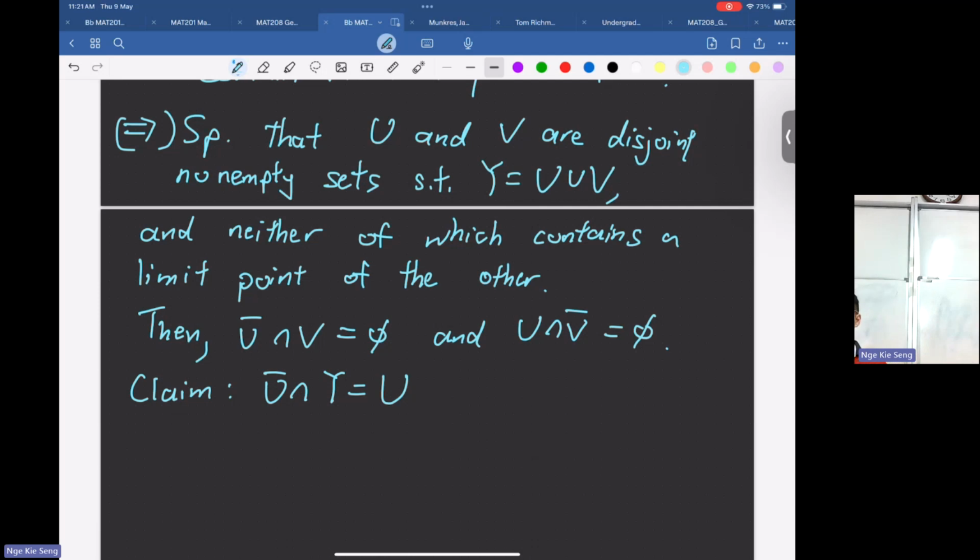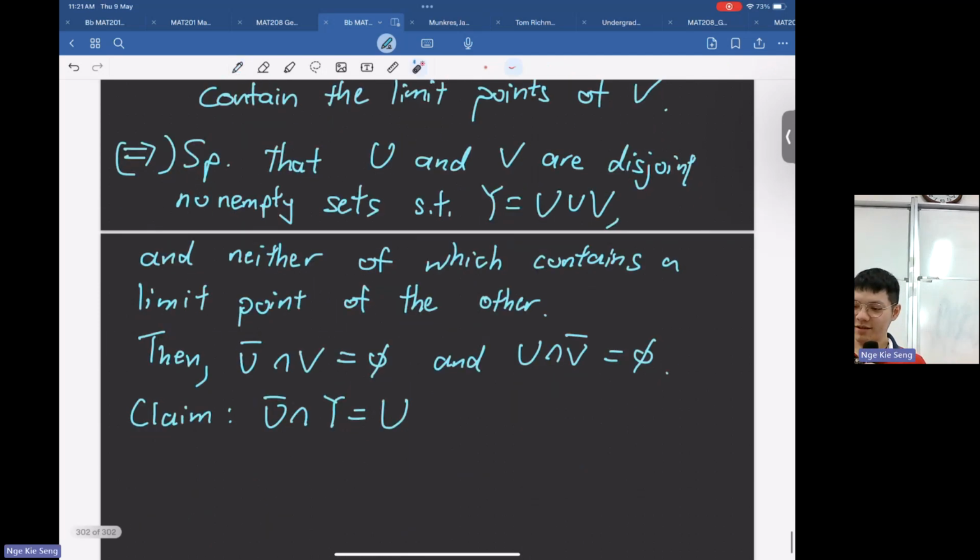The claim here is we can retain this condition. What does it mean? Just now we have used this fact, right? If U equals U bar intersect Y, then U is closed. If U is closed, V is open.